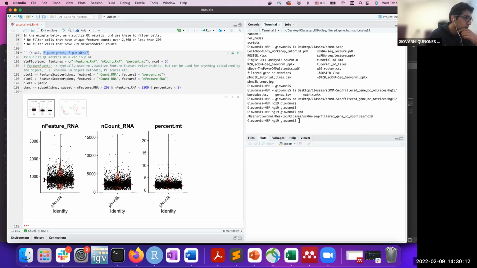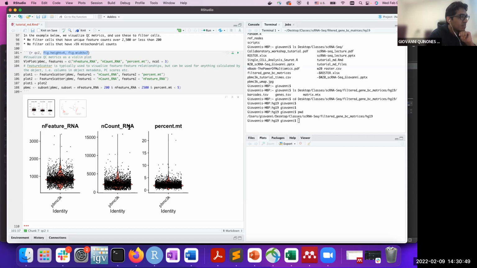Most of them will be around this value, and we get fewer as we go higher up. In terms of feature count or gene count, most of the cells have somewhere between close to 0 all the way up to 2000, and we have a few outliers that have more than 2000 genes.